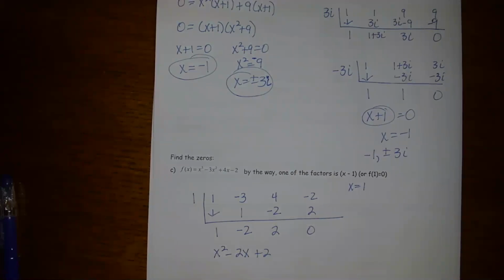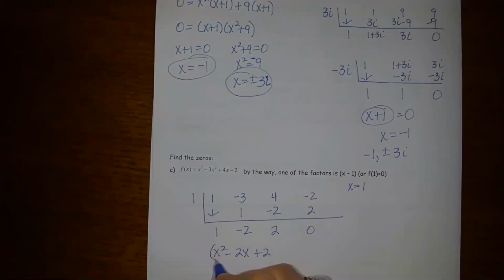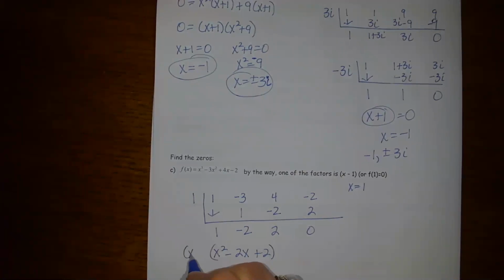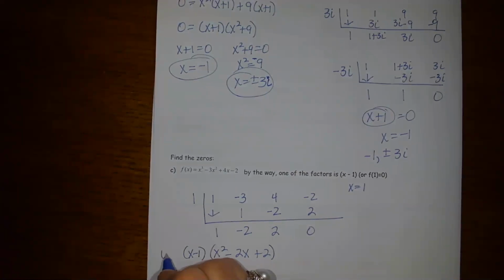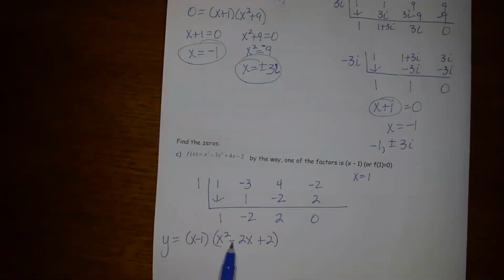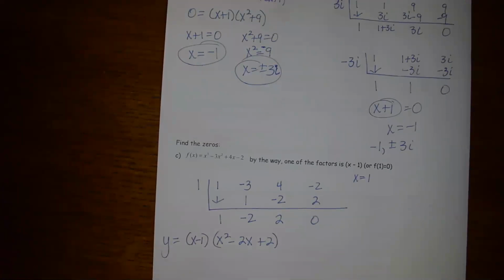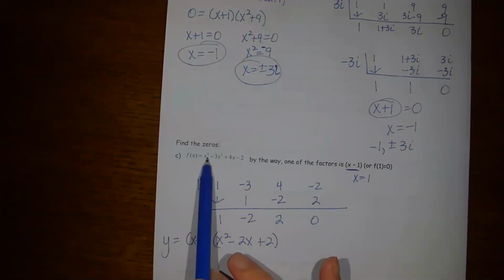Now we need to either factor that or solve it, right? Right now we have this, but we need to finish this part. That's a quadratic now. The advantage of knowing one factor allows you to bring this from an x cubed down to x squared.